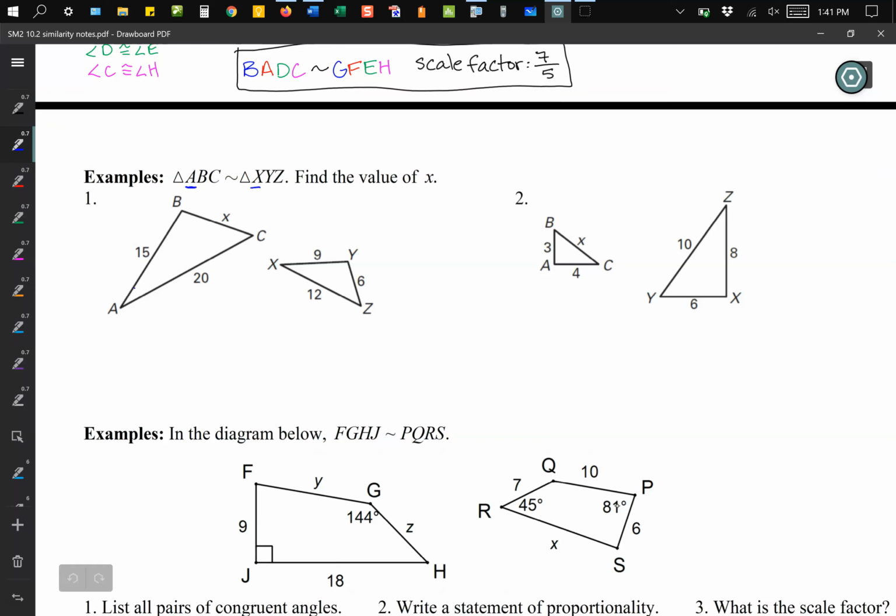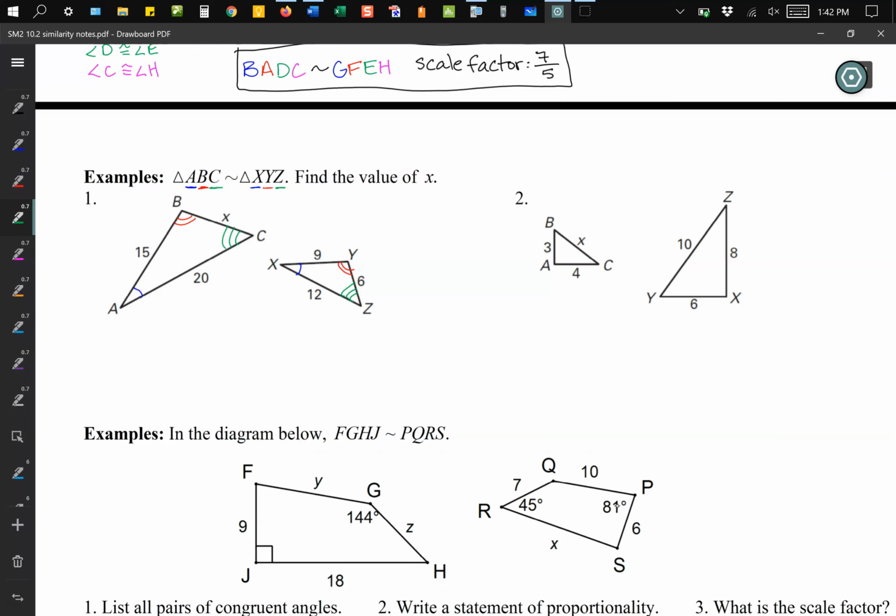Angle A is congruent to angle X. Angle B is congruent to angle Y. And angle C is congruent to angle Z. That helps me when the shapes are rotated to figure out which sides match up with which.